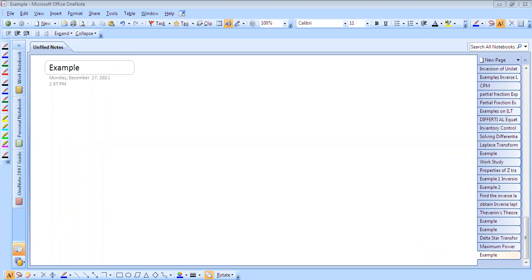The examples on the series parallel circuit. So the circuit is given.